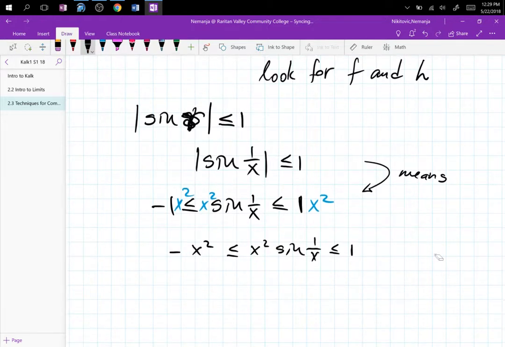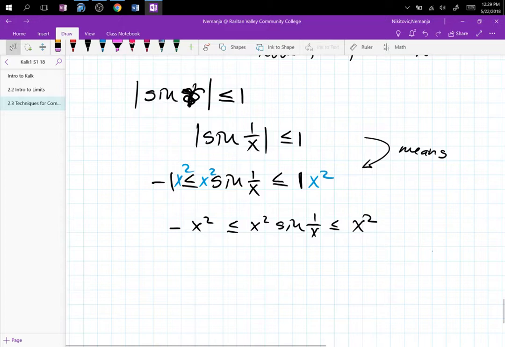Now, do you see that your f is negative x squared and your h is positive x squared? Perfect. We can take the limits of those easily.